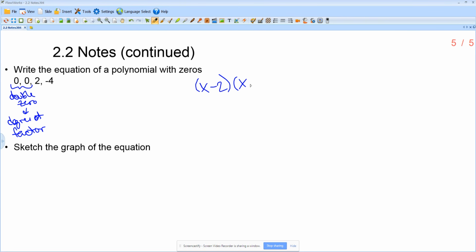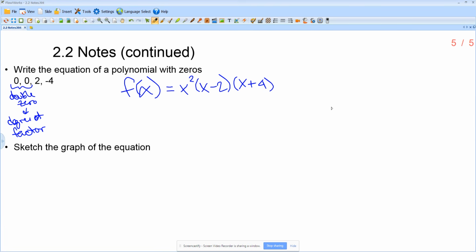Negative 4 means I have x plus 4, since that would zero this out. The thing that would zero out 0 is to just have x. If I put 0 in for x, it zeroes out this factor and the whole equation then. Because it's a double zero, it has to be an x squared. So I have f of x equals x squared times x minus 2 times x plus 4.